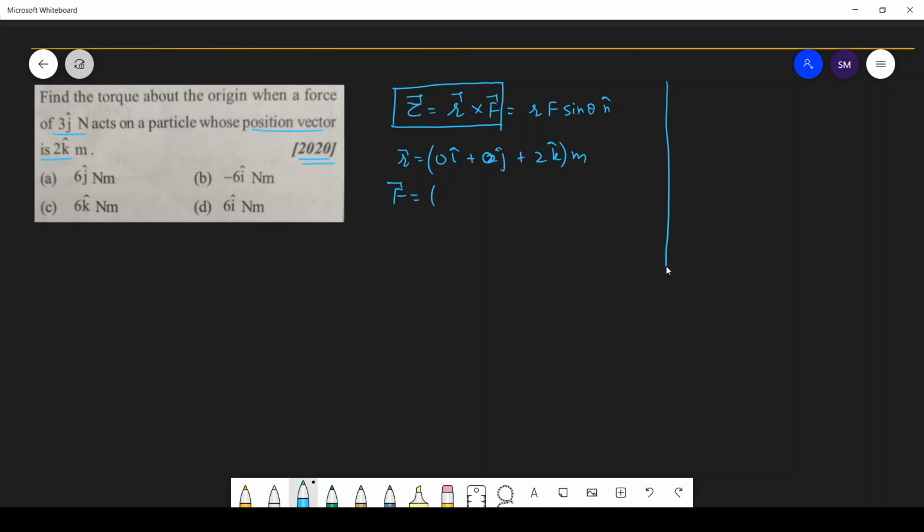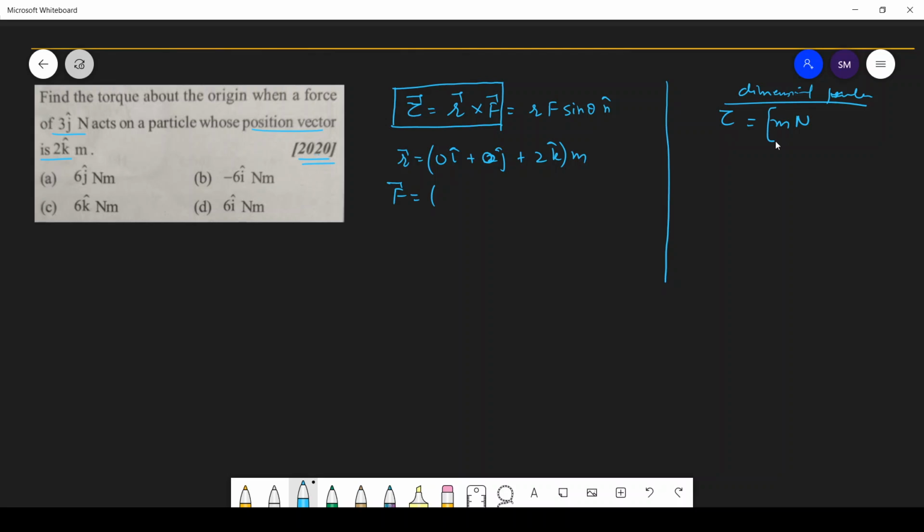Students, important point here. What is the dimensional formula for torque? What are the units of torque? What are the units of force? Newton. What is the SI unit of R? Meter.